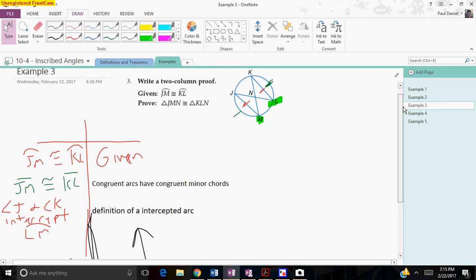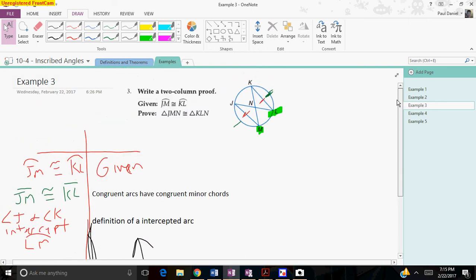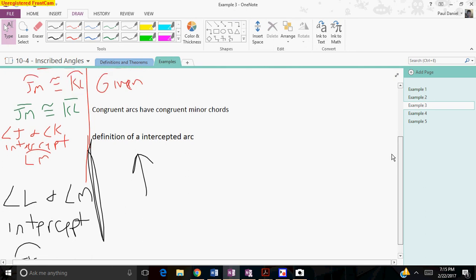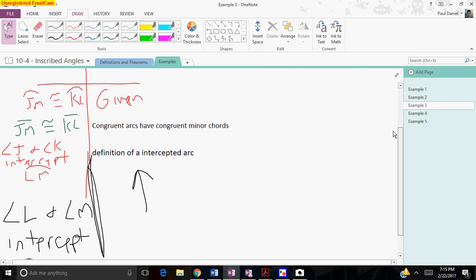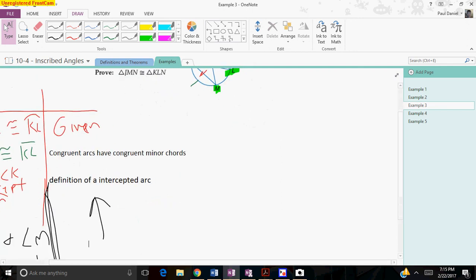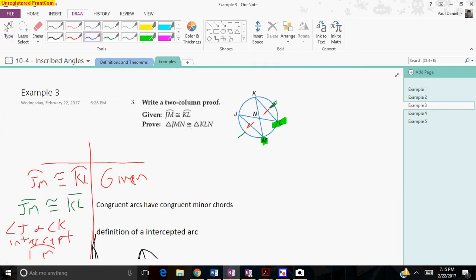And then I'm going to use, now that I've got that, I've defined these things as intercepted arcs. And in fact, I've not only defined that, I've defined that some of these angles intercept the same arc. Remember, we now have a theorem that states, and I'm just going to kind of finish it up over here, that if they intercept the same arc, then those angles must be congruent.